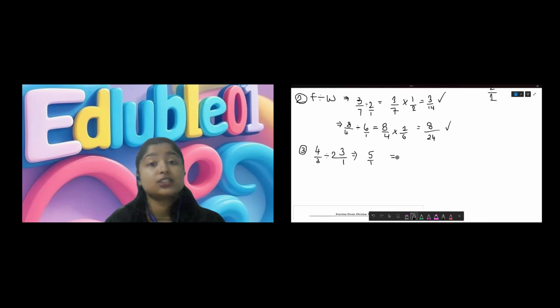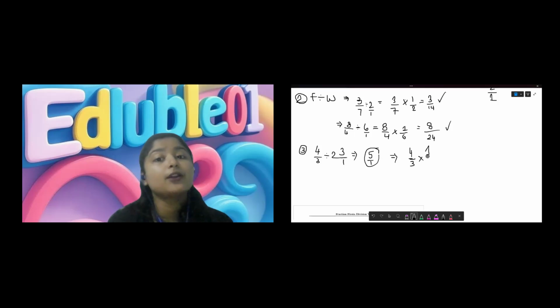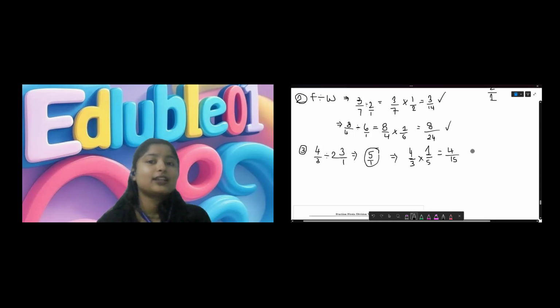Now repeat the same process of RCR. It's going to be 4 over 3 multiplied by, instead of 5 over 1, the reverse, which is 1 over 5. So 4 times 1 is 4 and 5 times 3 is 15. So 4 over 15. That's your answer.